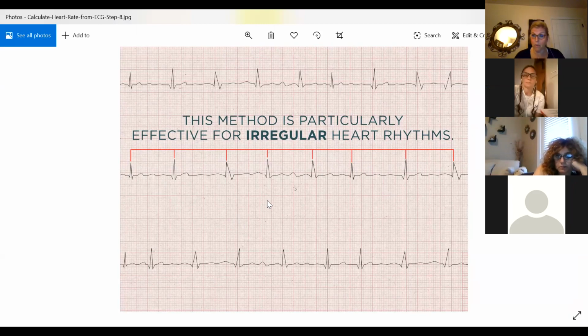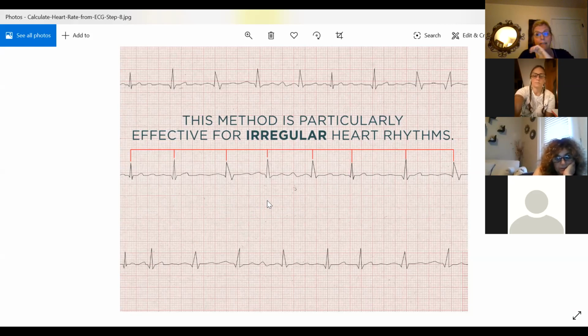Can we do 1500 or 300? No. Why not? Because there'll be different amounts between each heart rate. Exactly. So we know this is a 6 second strip. We can eyeball it and tell that it's not regular. Can everybody see that? Even not knowing anything, you can tell that it's not regular. Yes, it is irregular.